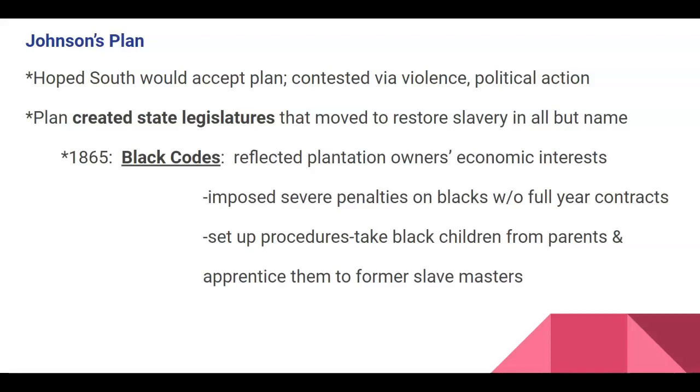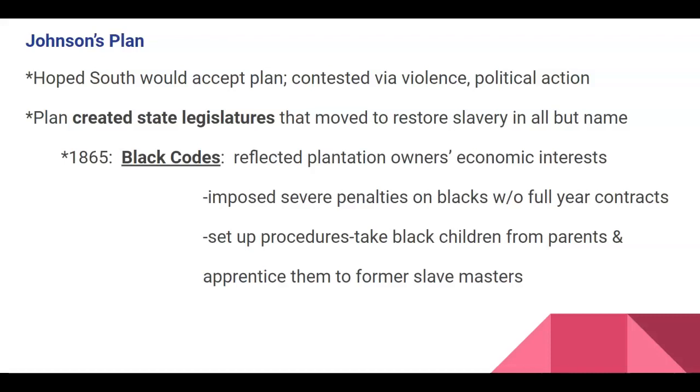His plan created state legislatures that moved to restore slavery in everything but name. So in 1865, they start establishing these black codes. Basically this is for the economic benefit of the plantation owners.